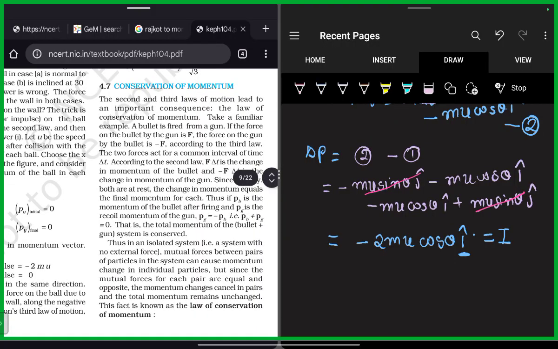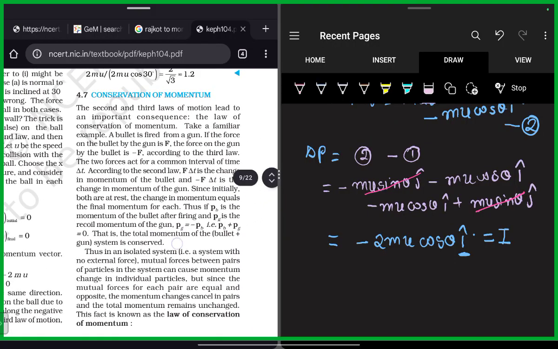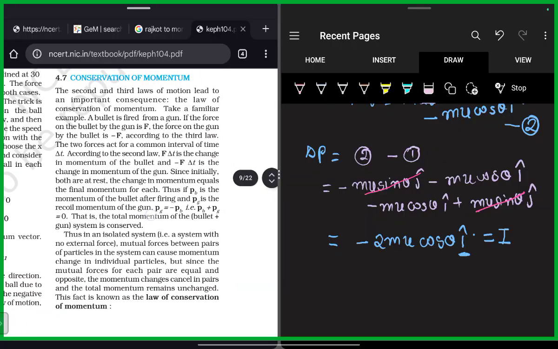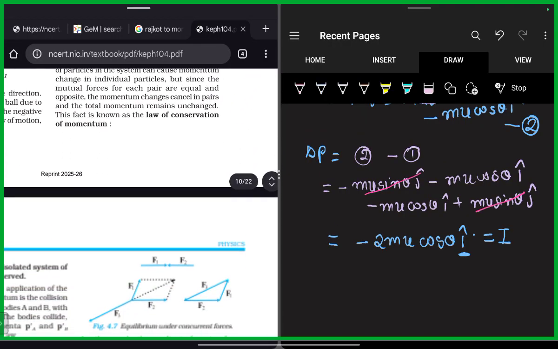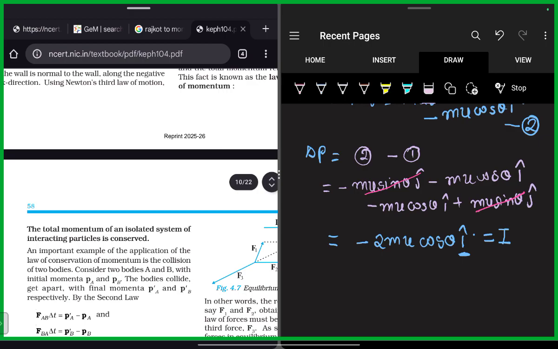Now conservation of momentum. What is conservation of momentum? Or we can say law of conservation of momentum.